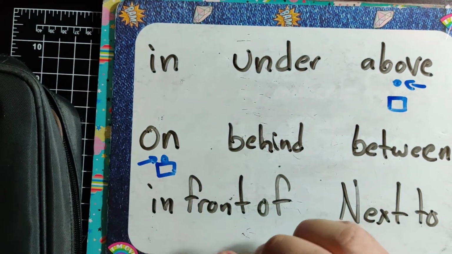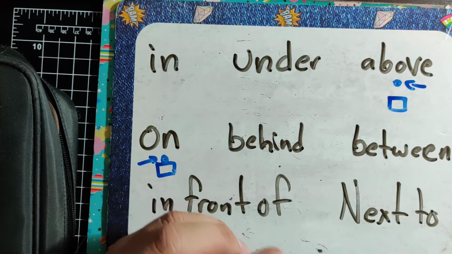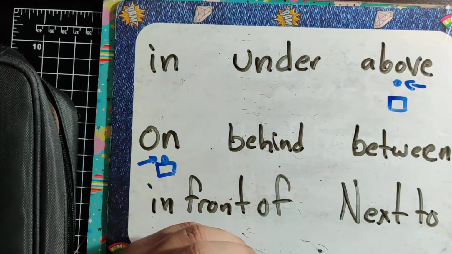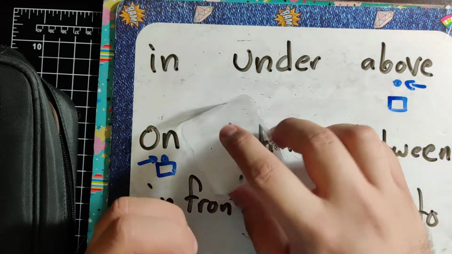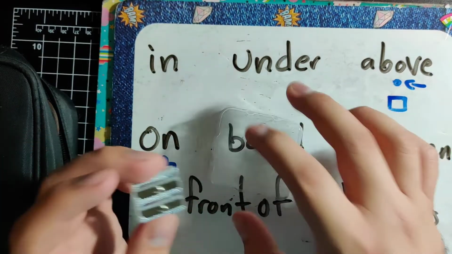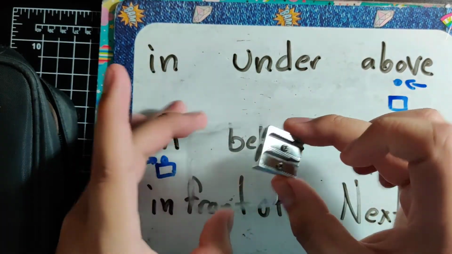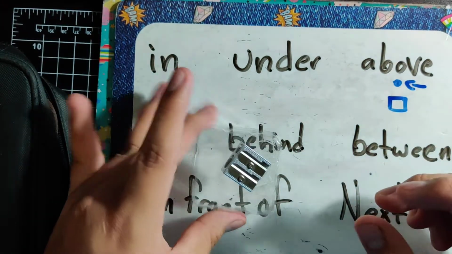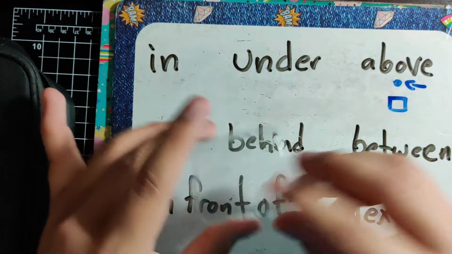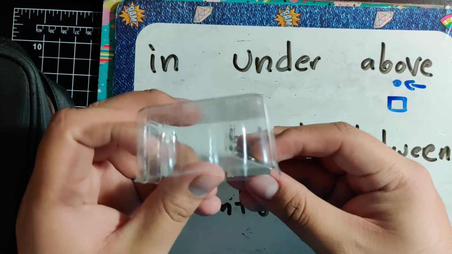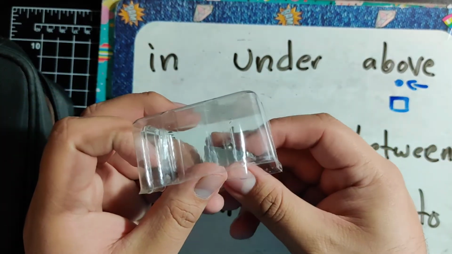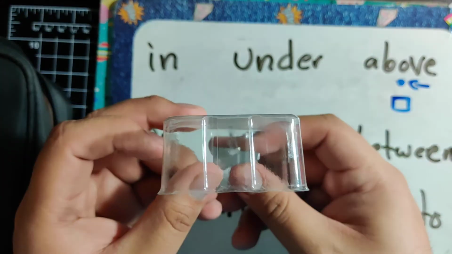Behind is pretty simple. I got tired of using that. Let's see. Let's use something else I have here. I have this right here. Let's say that there's a box, right? So we saw above, on, right? Behind. The sharpener is behind the box. Behind.